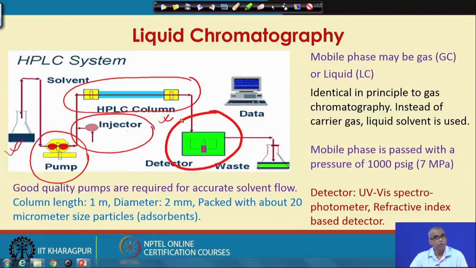Here I have liquid solvent as a mobile phase, passed with a pressure of 1000 psig, which is about 7 megapascals. The detectors used in HPLC systems are the UV spectrophotometer or refractive index based detector. So, two common detectors are the UV or UV-visible spectrophotometer based detector or the refractive index based detector.